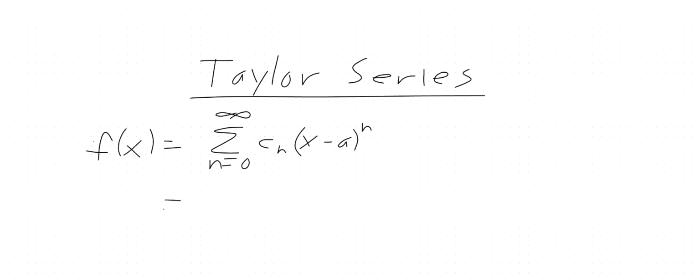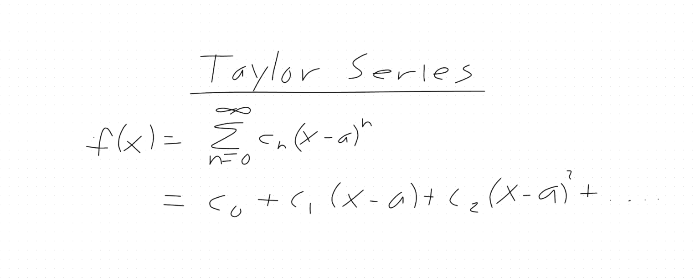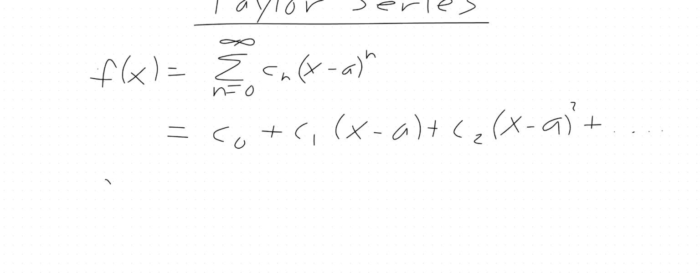We expand this, we get that. Now, if we do f of a, all of these terms will be zero. So we're only left with this c naught.